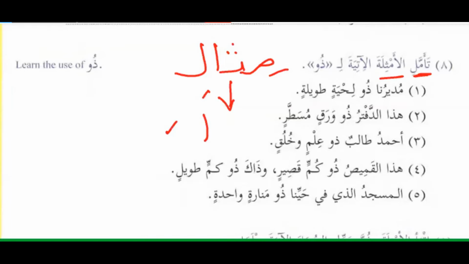Now a new concept that we have to ponder on, the amsila. Misal is 1. So what is the jama for misal? Amsilatun, examples.